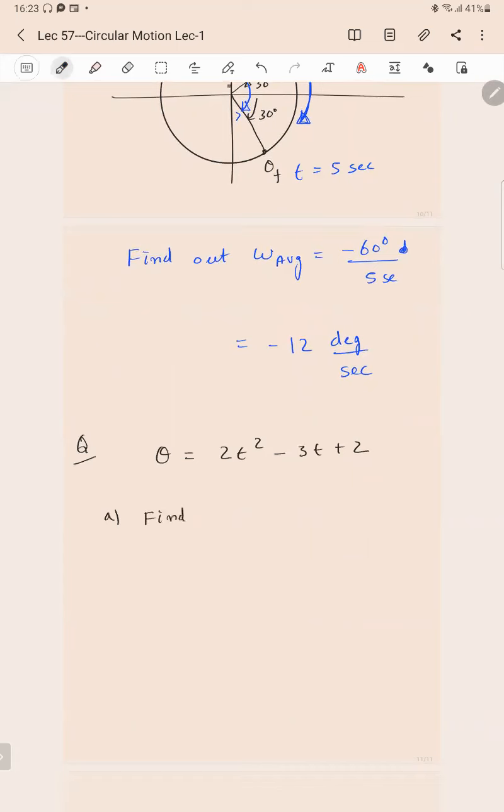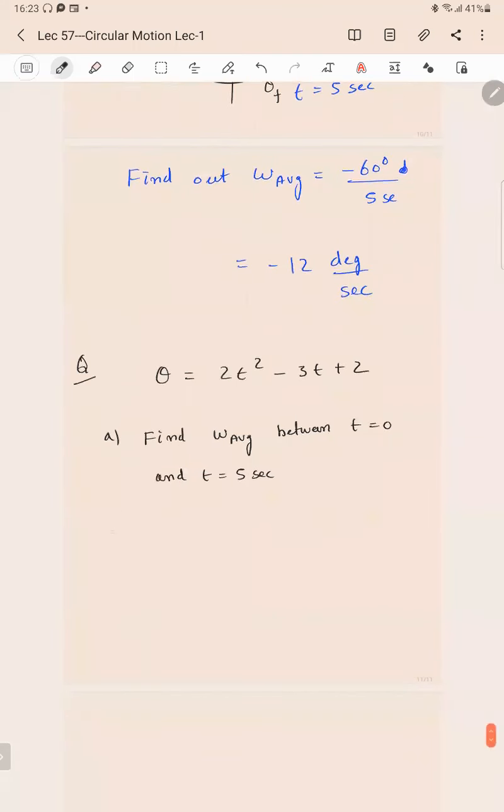Find omega average between t equal to 0 and t equal to 5 seconds. And B part is find omega instantaneous at t equal to 3 seconds. These are the two parts. Solve it.